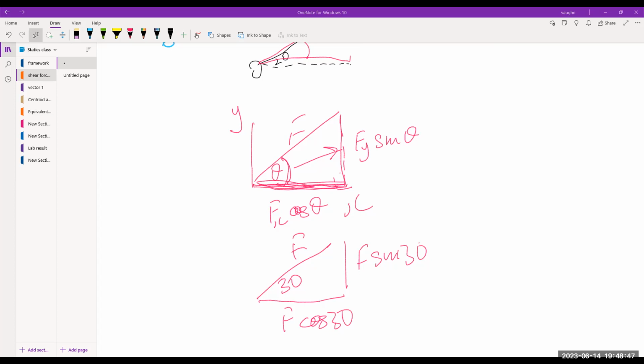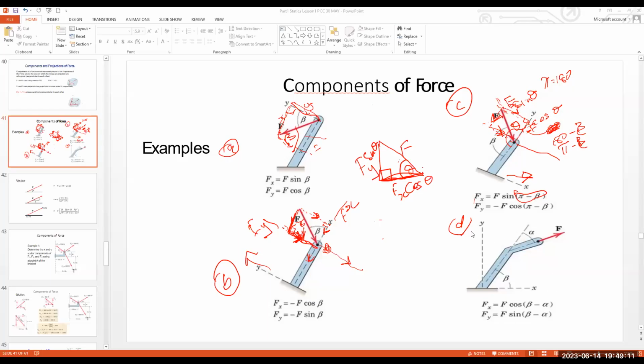This one here is a little bit trickier than the one before, and you should be able to visualize it. Now, anybody want to dare to explain this one? The last one, D here. Can you see it? Are you seeing what I'm looking at? Let me go again. Maybe you're not seeing. Where's my slide? Are you seeing this? Anybody want to dare to explain this one? It's beta minus alpha.